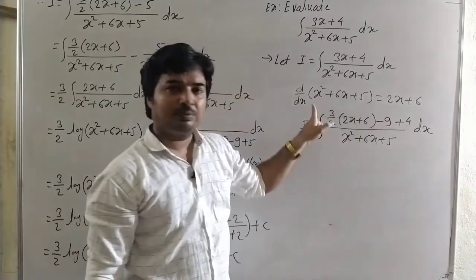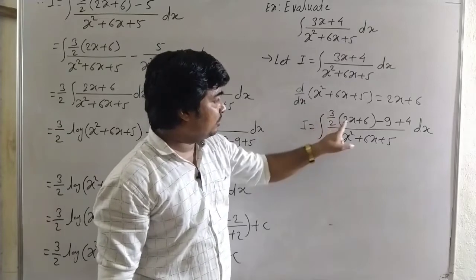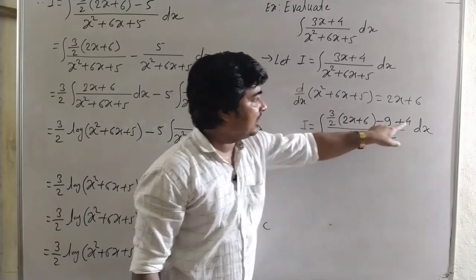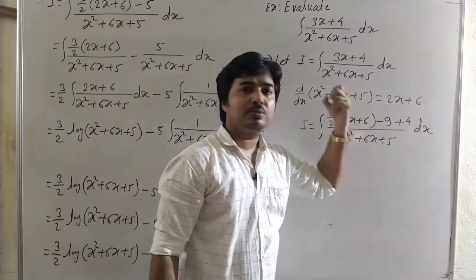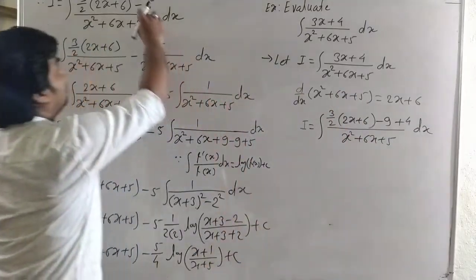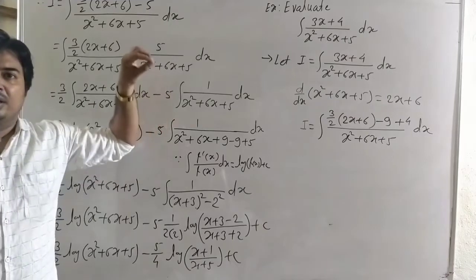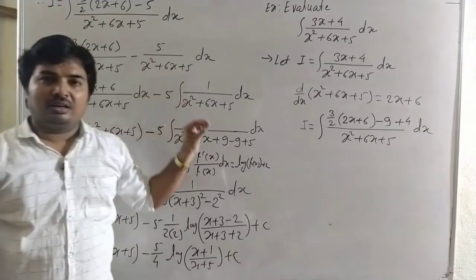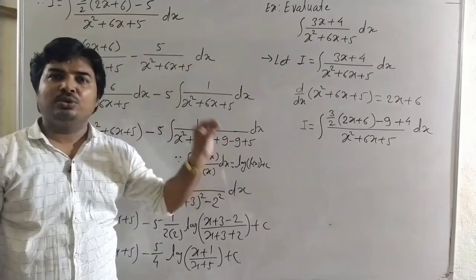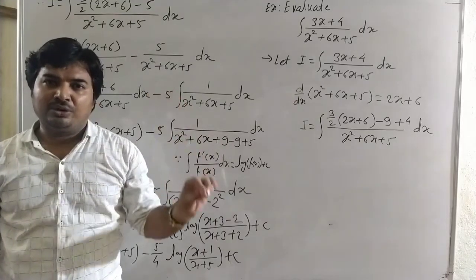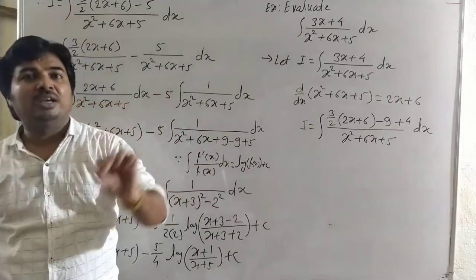Now this is the adjustment, and then it is 3 by 2, 2x plus 6 minus 9 plus 4, and minus 9 plus 4 means it is a 5. And it is an easy way by the last method. The numerator, that is the linear function, is equal to a into the derivative of the quadratic function plus b.